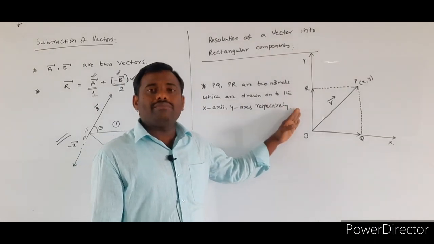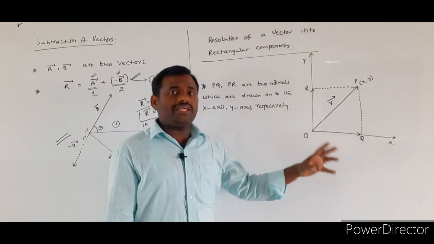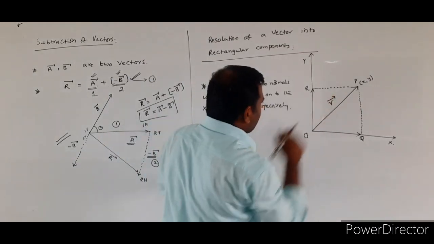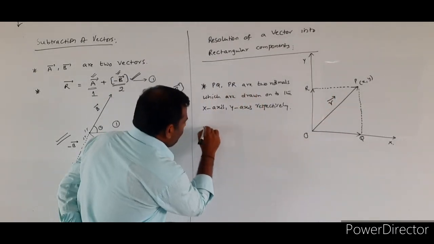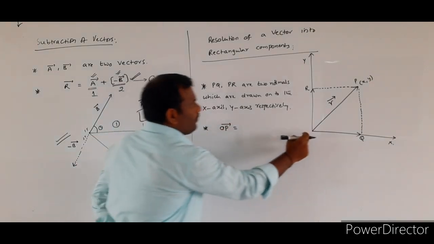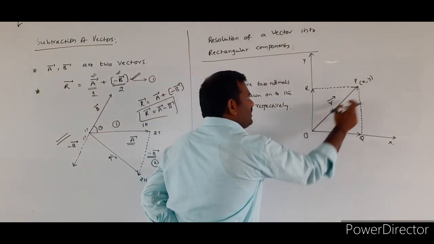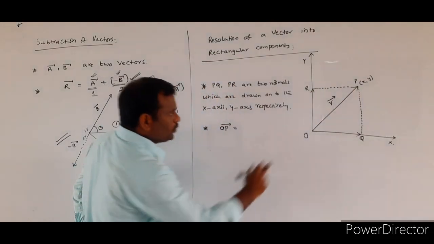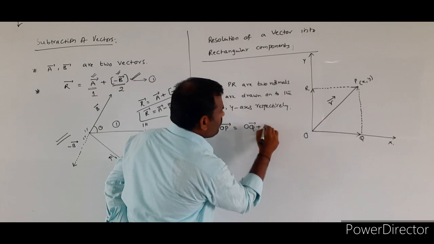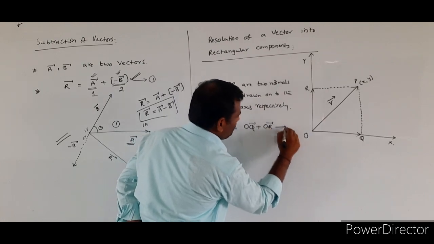From the definition of the parallelogram law of vectors, from this diagram, we will write position vector OP bar is equal to OQ bar plus OR bar.